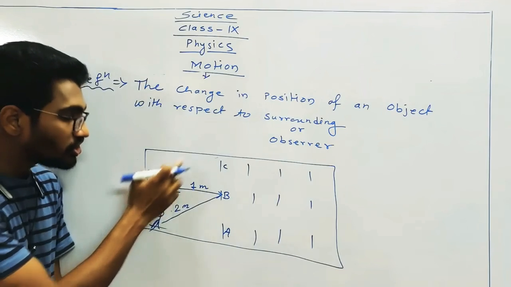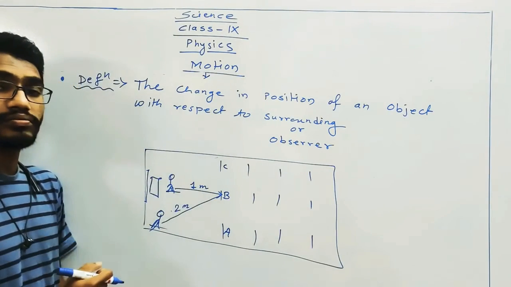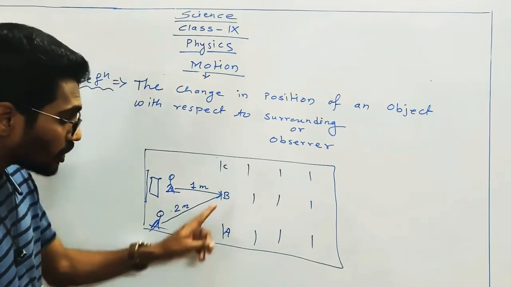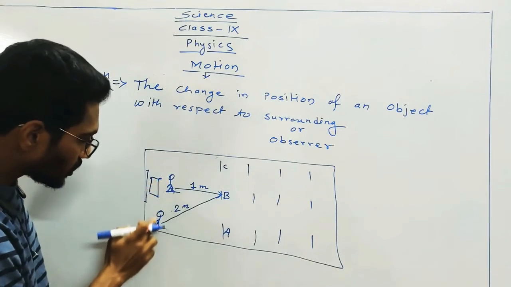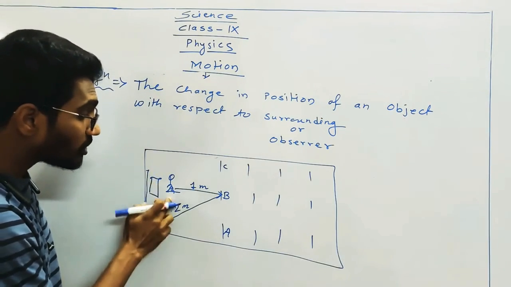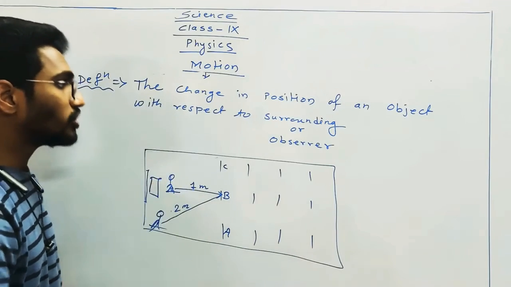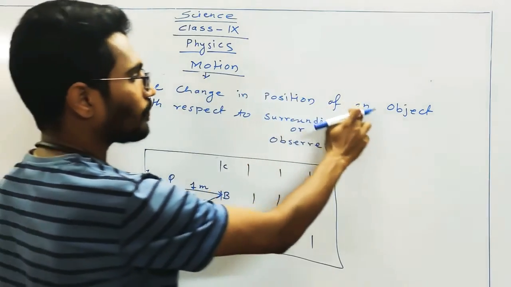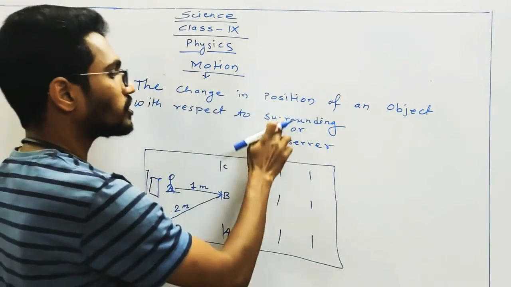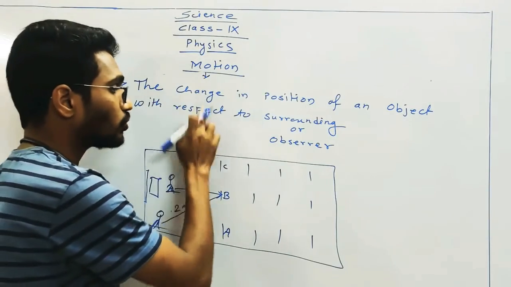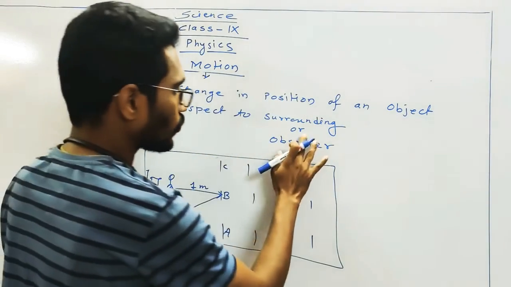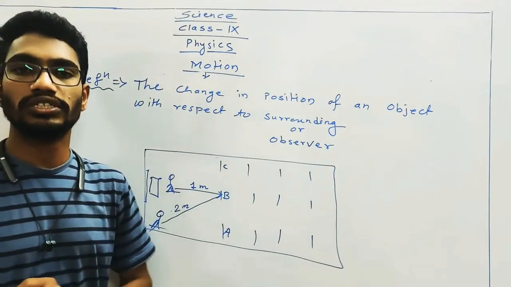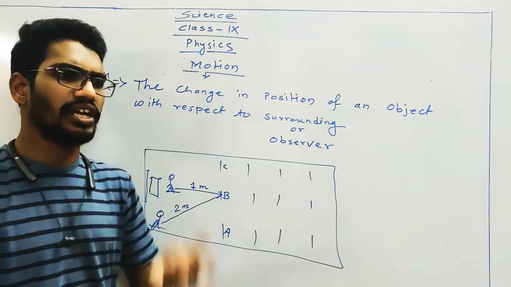Initially टीचर से स्टूडेंट कितना दूर है? 1 मीटर. फाइनली टीचर से स्टूडेंट कितना दूर है? 2 मीटर. सो विथ रिस्पेक्ट टू स्टूडेंट, टीचर इज इन मोशन. विथ रिस्पेक्ट टू टीचर, स्टूडेंट इज ऑल्सो इन मोशन. विथ रिस्पेक्ट टू आवर डेफिनेशन, the change in position of an object with respect to surrounding or with respect to observer, that who is going to observe the motion. Is it clear? We'll take other example also.